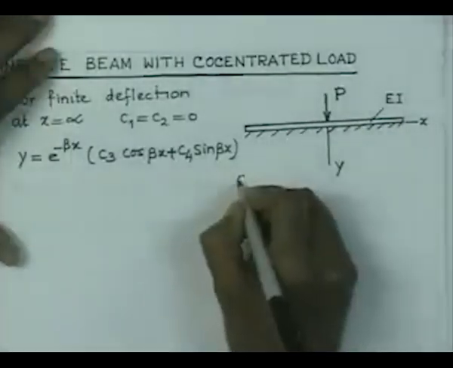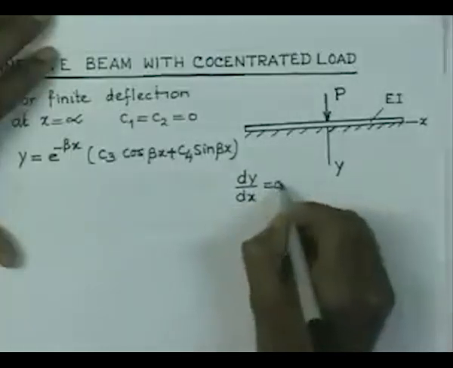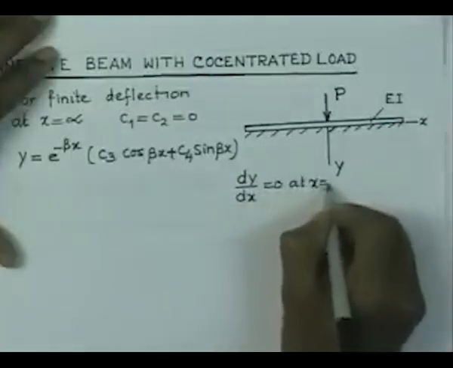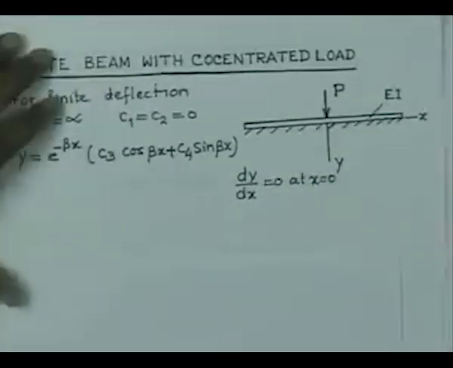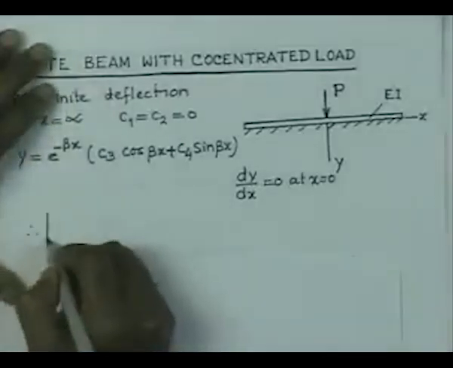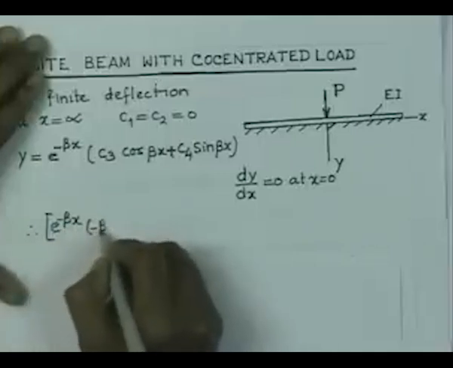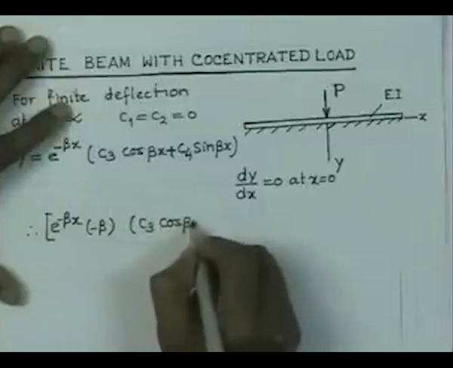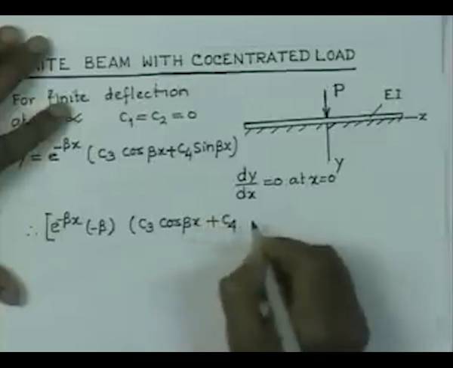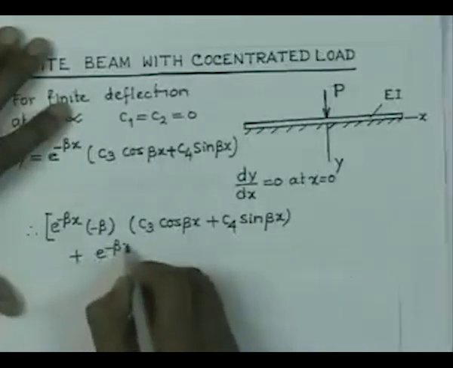So, therefore, we must have dy/dx is equal to 0 at x is equal to 0, that is the symmetric shape, and this derivative we can write therefore e to the power minus beta x into minus beta c3 cosine beta x plus c4 sin beta x, plus we differentiate now the expression inside.